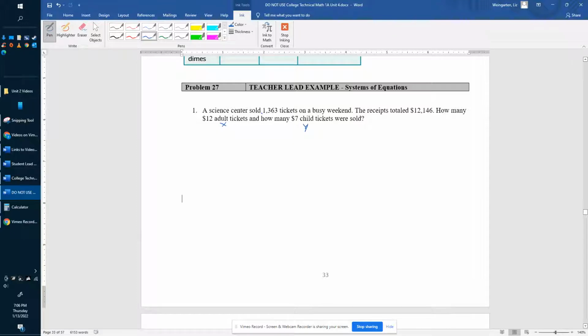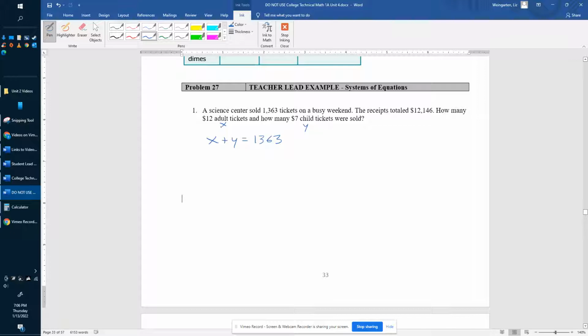We know that a total of 1,363 were sold, of some combination of the two. So all the total number of adult tickets plus all the total of child tickets equals 1,363. The total receipts were 12,146.